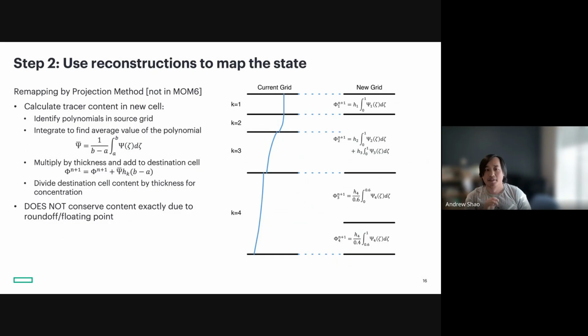In order to do this integral in a non-trivial way, when a part of the polynomial reconstruction doesn't map directly one-to-one onto something in the current grid, we have to find the average value of the polynomial. This is essentially the equivalent of coming up with a finite volume representation: what is the average of the tracer over some domain?